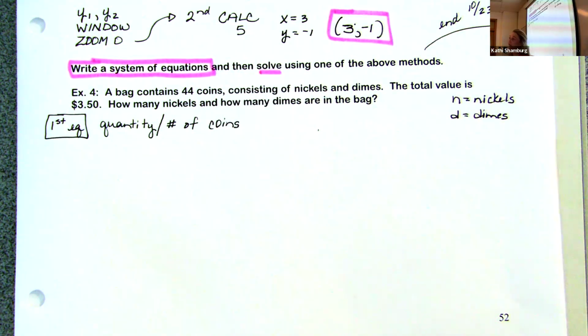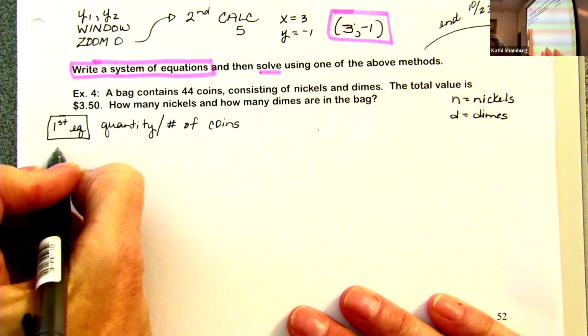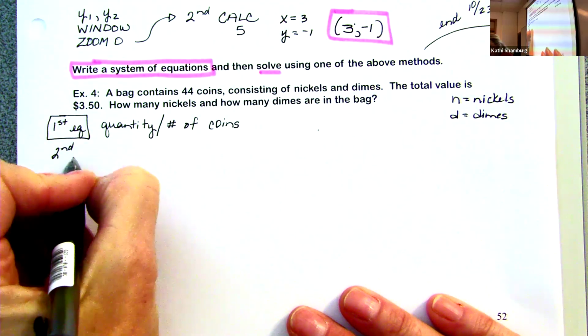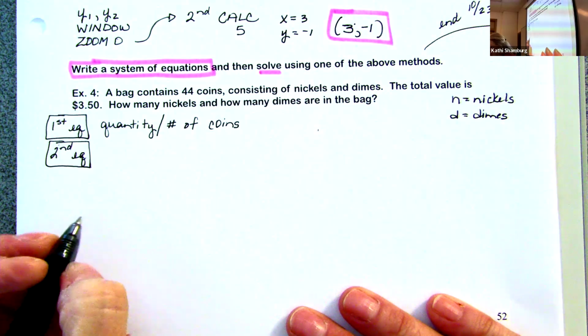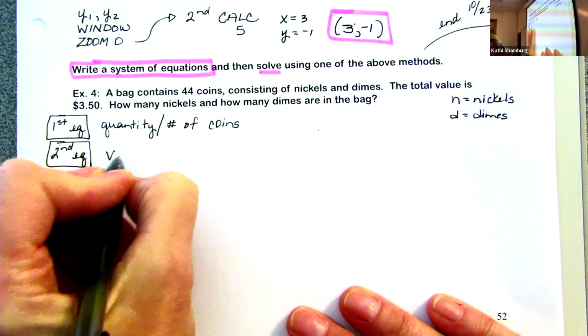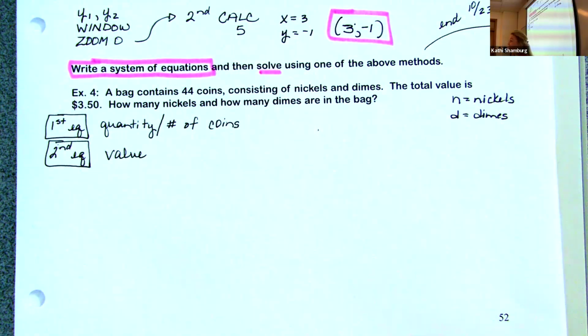Hey, I have 3 nickels. I have this many dimes. It just talks about quantity. All right, then the second equation is going to be an equation that deals with value. That would be, oh, a nickel's worth 5 cents. Oh, a dime's worth 10 cents. So one of them is just quantity only. The other equation is value, and you do not cross those two.